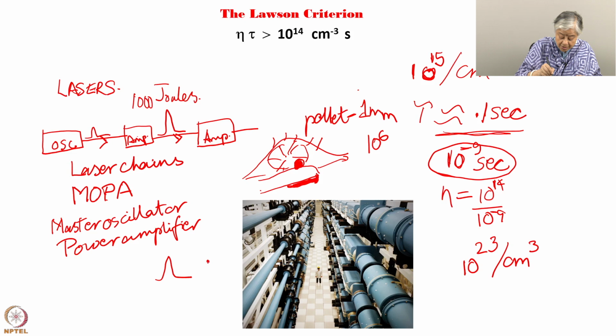It has to be focusable to a small spot, and it has to be a nice clean pulse. So, there are quite a few stringent requirements for the laser itself, and that is what my focus will be in the coming few lectures. What is the speciality of these specific kinds of lasers?